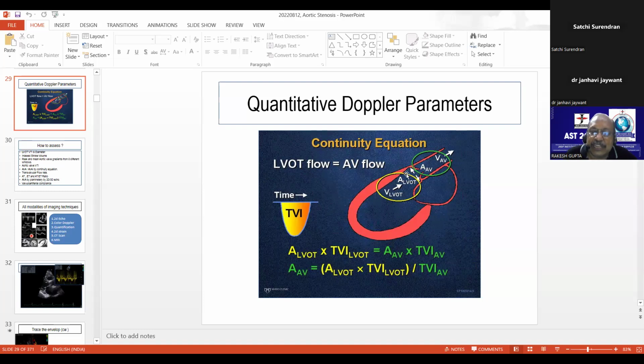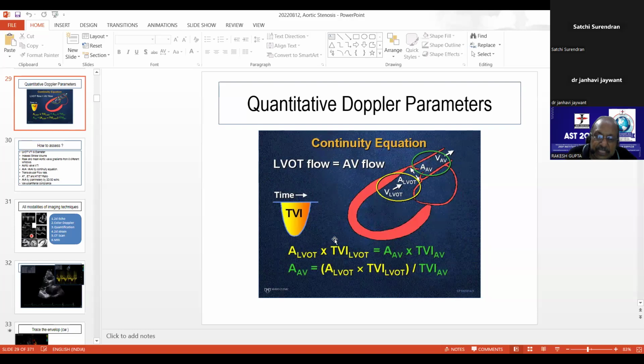And we calculated this LVOT area from this hinge point of right coronary cusp with the non-coronary cusp that gave us 1.6 at the time. Clear? So I can calculate the area by pi r square multiplied by LVOT VTI, which was 26.71. Either we can do it in 3-chamber view or in 5-chamber view. So this is one equation which is ready with us.